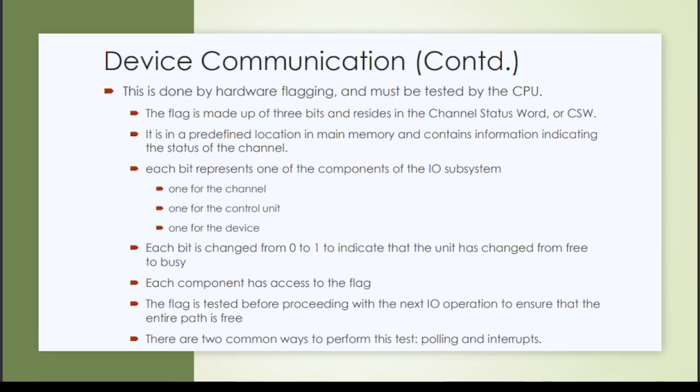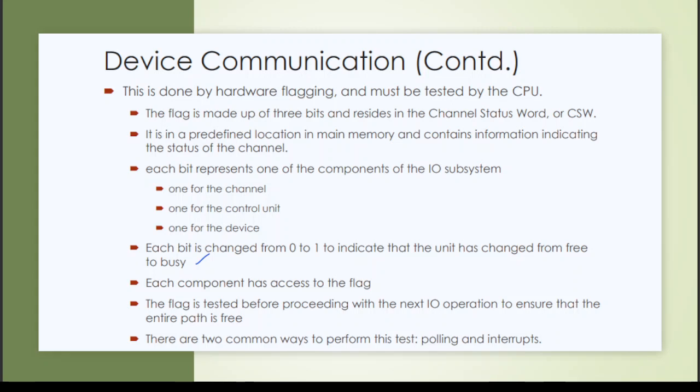Each bit represents one component of the IO system: one for the channel, one for the control unit, and one for the device. Each bit is changed from 0 to 1 to indicate the unit has changed from free to busy. 0 means free and 1 means busy.